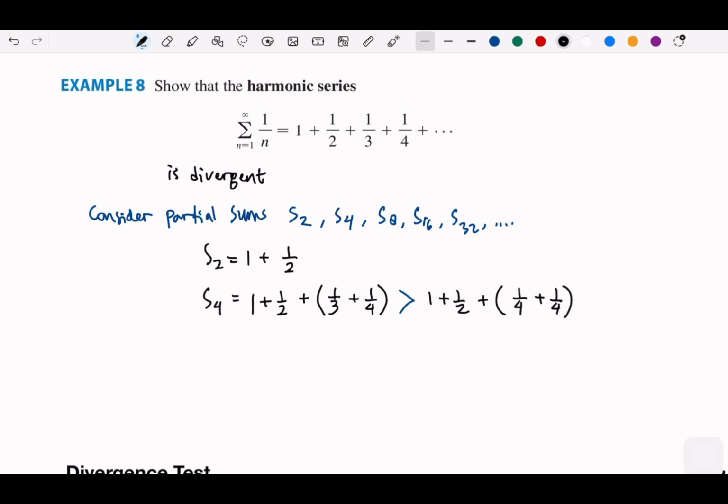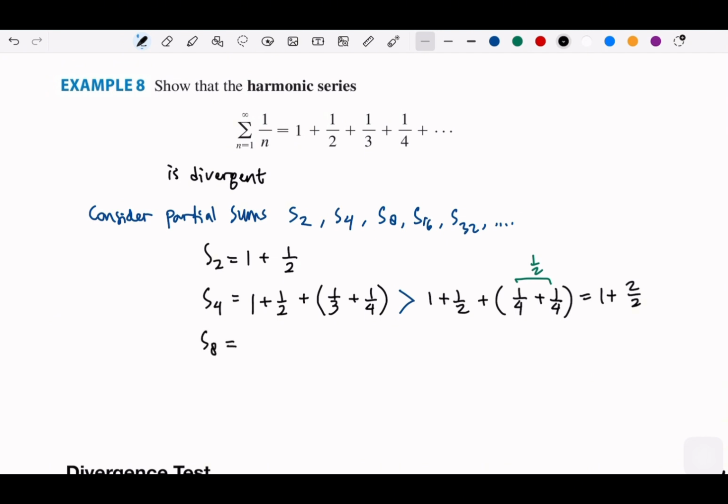Since this is going to be half, right? So we could say that this will be equal to 1 plus 2 over 2, or 2. Now the same way, we take the S8.